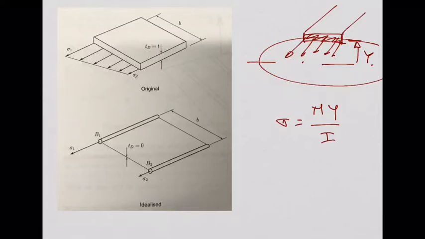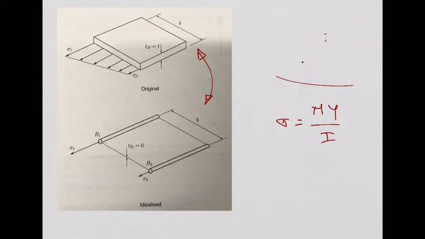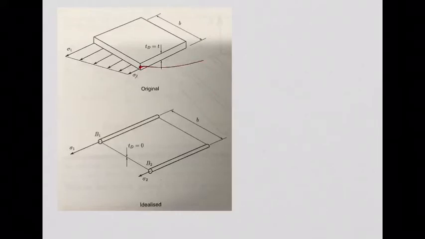And based on what? If I want to make these two models equivalent, or as similar as possible, I'm going to use again the equilibrium. So I'm going to say the summation of moments about point 2, or about boom number 2. I'm going to use this point, and calculate the summation of moments about this point.